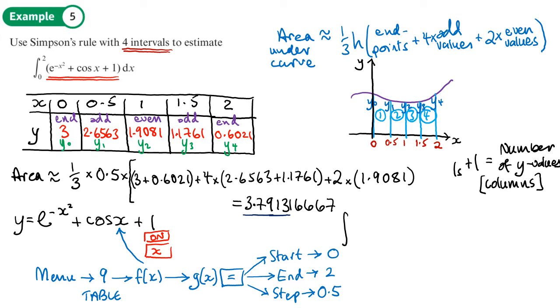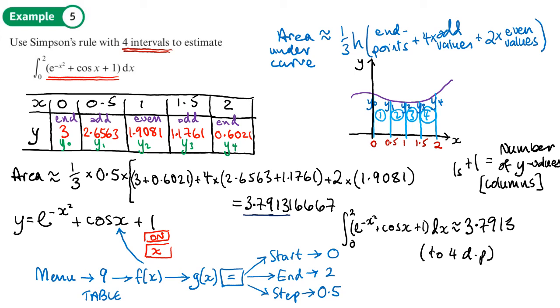So final answer, my estimate for this area, just write it down, plus cos x plus 1 dx is approximately 3.7913. Okay, and that I've done it to 4 dp.